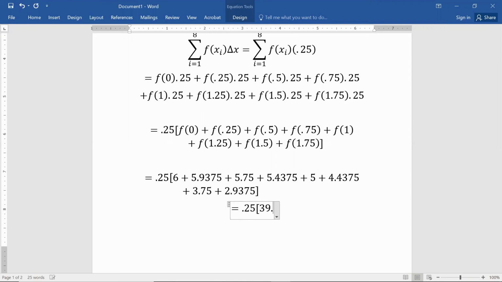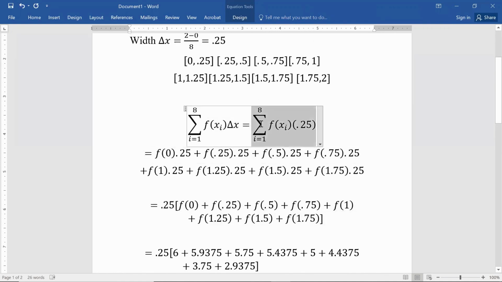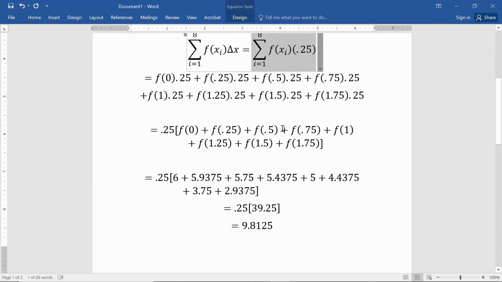When I summed these numbers up, I got a 39.25. When I multiplied times the width of 0.25, I ended up with 9.8125. Therefore, the Riemann sum using the left-hand rule gives us an approximation for the area under the curve, which is 9.8125.